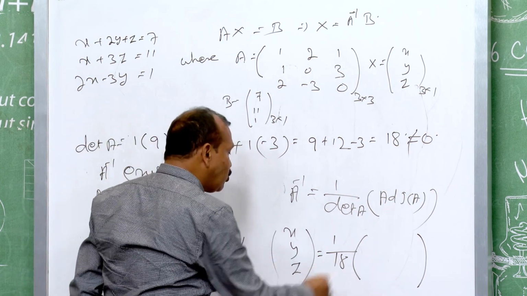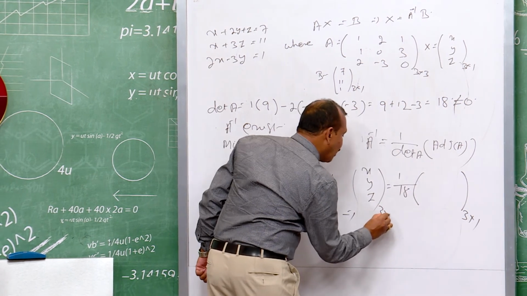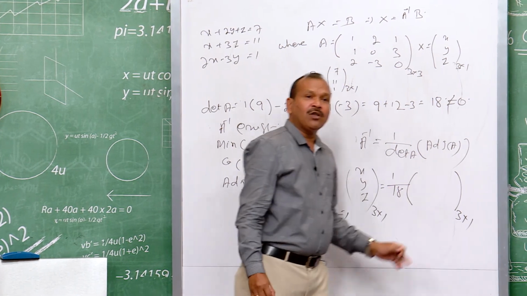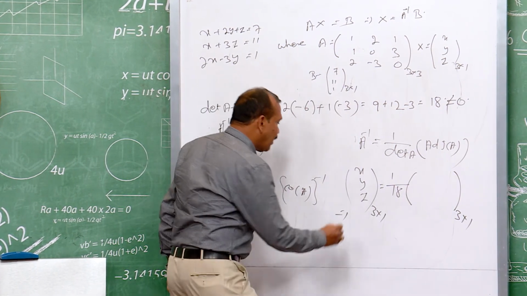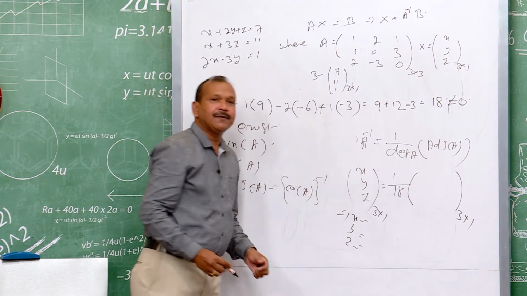This is a 3 cross 1 order matrix. Two matrices are equal, that means the corresponding elements are equal. So easily we can find the values of x, y and z.